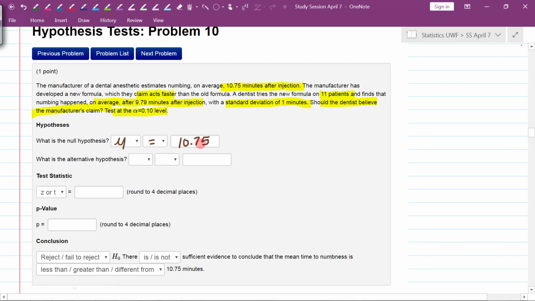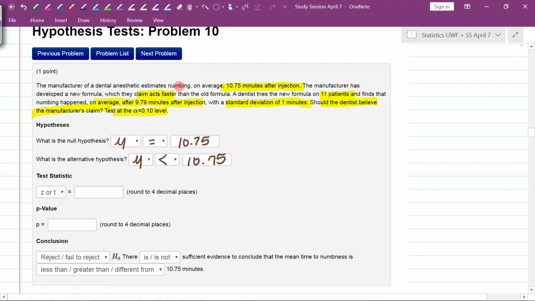So what we're saying is that we're testing that the new one is faster. Think about faster. Faster means that the time will be less, that it is going to be shorter. So we're saying that mu is less than 10.75.